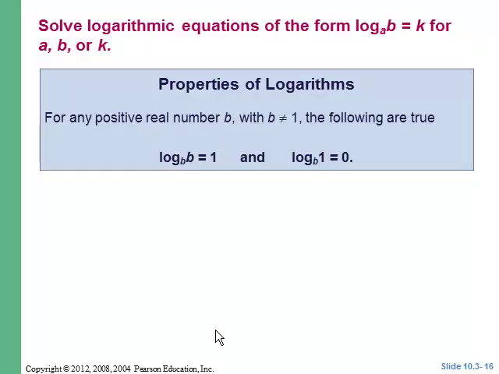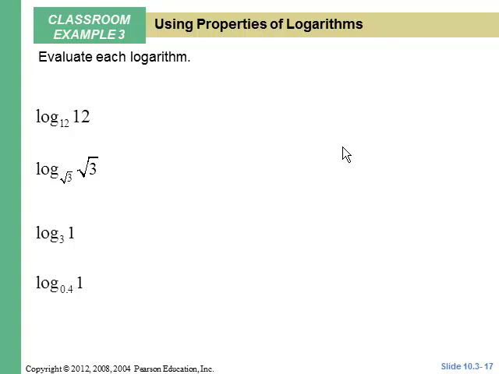Next one. Properties of logs. Anytime you have a number where the base and the exponent are the same, then the exponent must have been 1. So log base 12 of 12, we're supposed to evaluate. 12 to what power is 12?